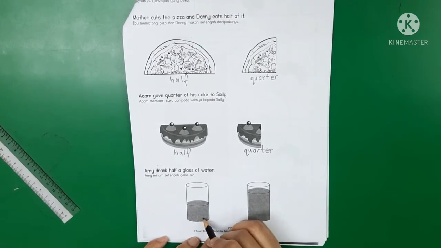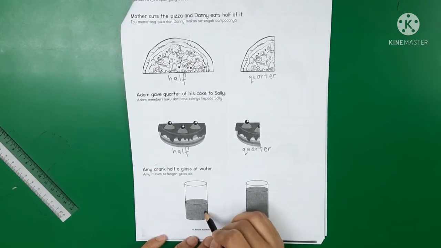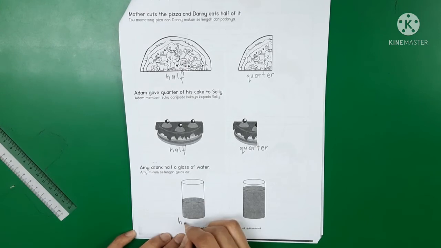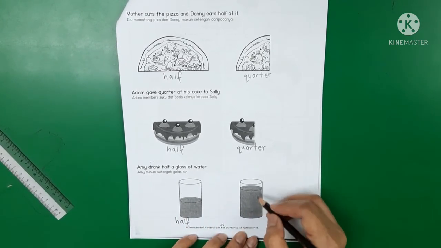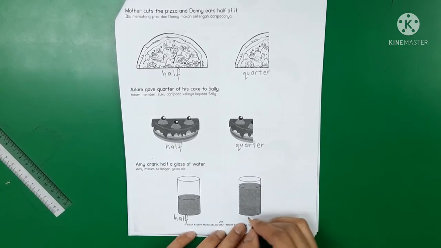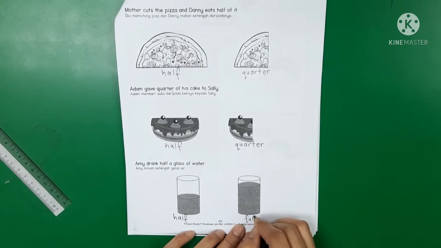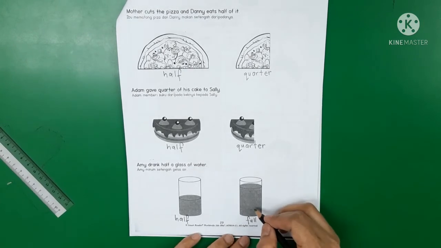The first glass, the water, is it full or half? Half. H-A-L-F. What about the second glass? Is the water full or half? Full. This is how you spell full. F-U-L-L. Full. Penuh. In bahasa Malaysia, penuh.